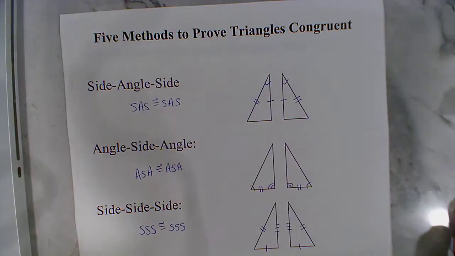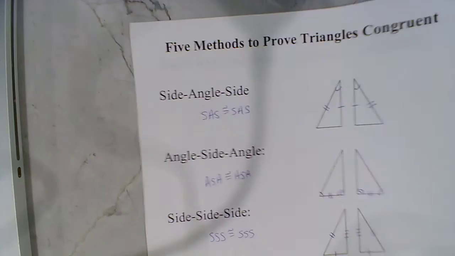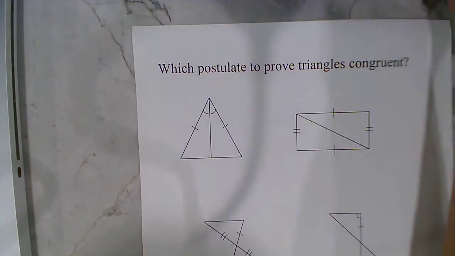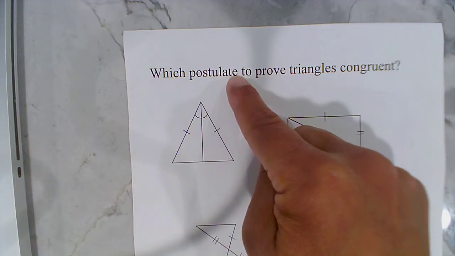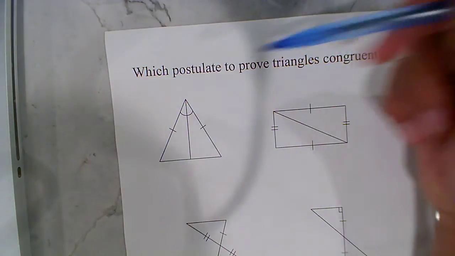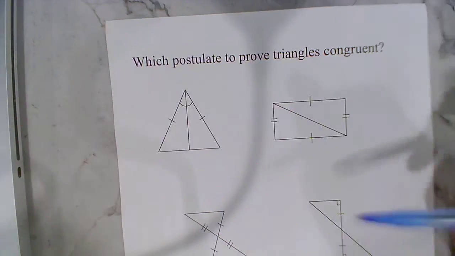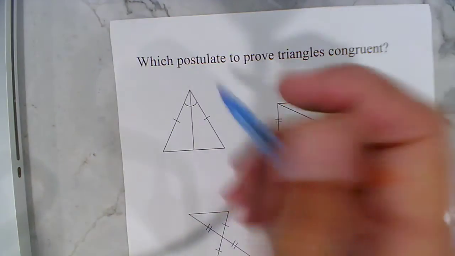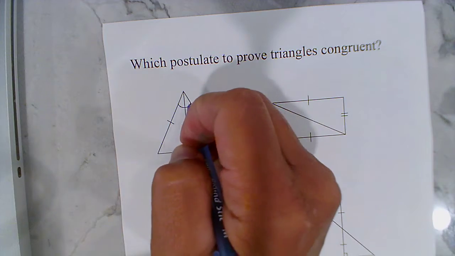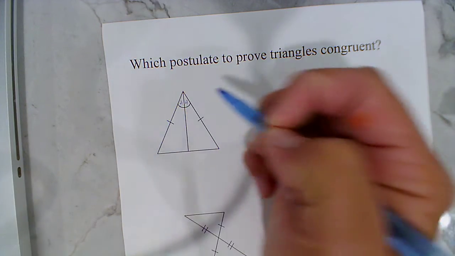Now, the other thing from an application standpoint I want you to be able to do, all right, so these 5 methods are also referred to as postulates. So I'm saying which postulate would work in proving these triangles congruent. And I've kind of marked them up. So you're looking at this and you're saying, oh, I got a pair of angles. All right, so that's a pair of angles there, right?